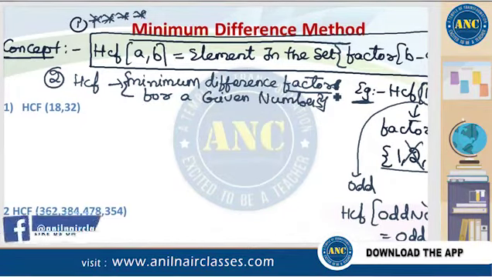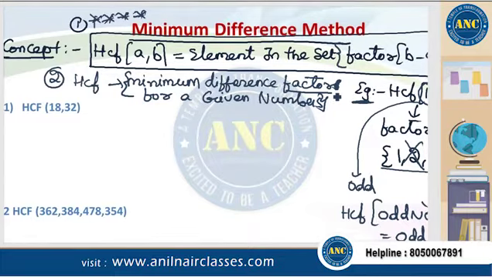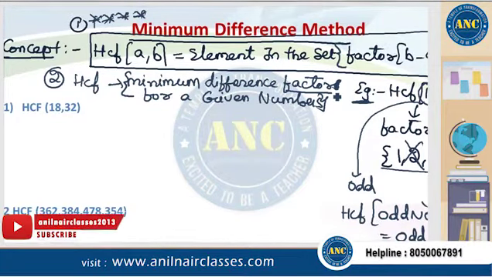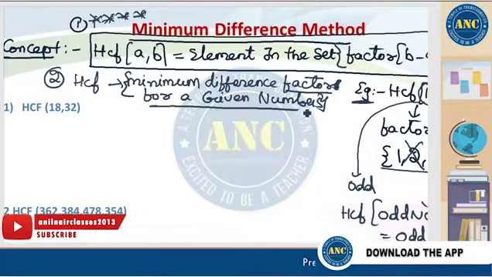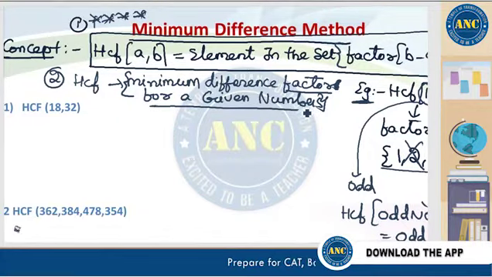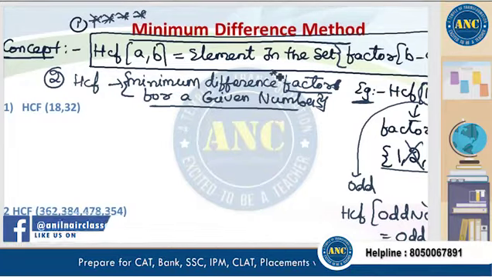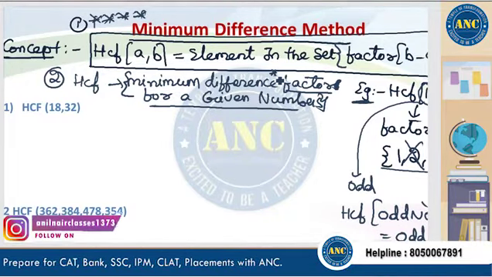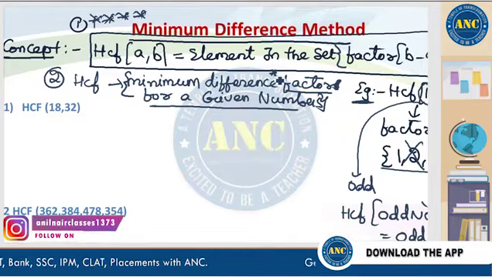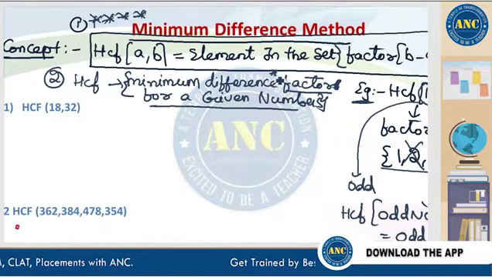Whatever value we get as the HCF is nothing but a factor in the set of the minimum difference for the given numbers. You take the minimum difference for given numbers, and the answer will be a factor among the given set.